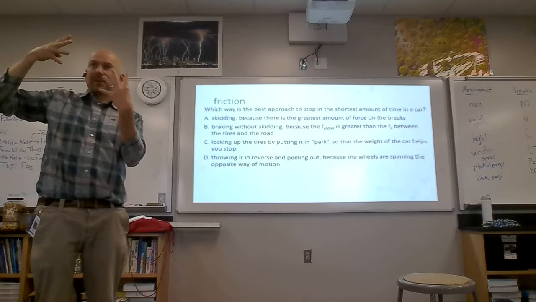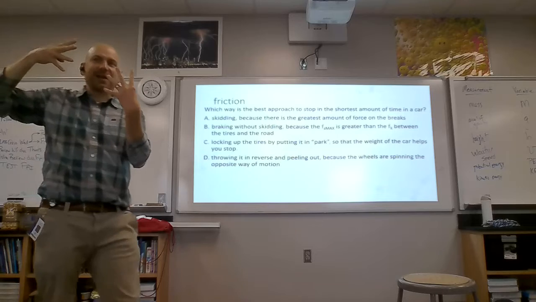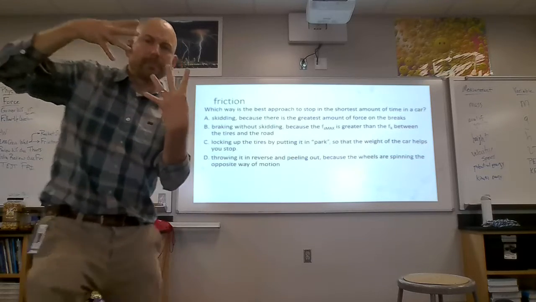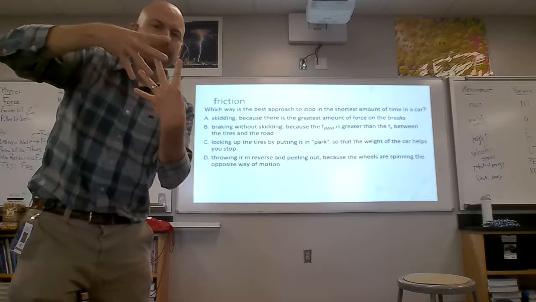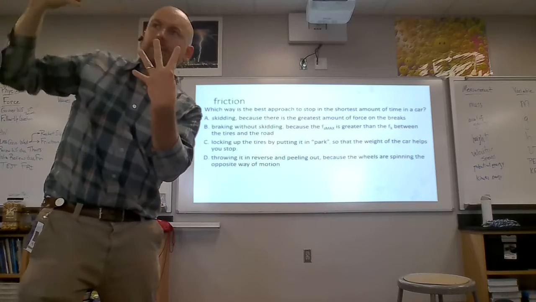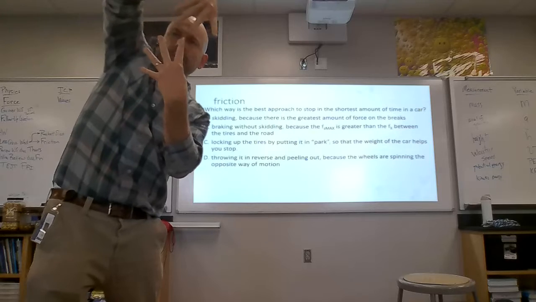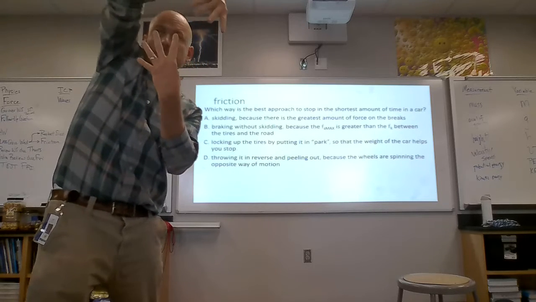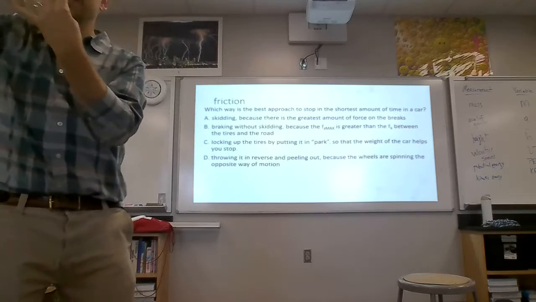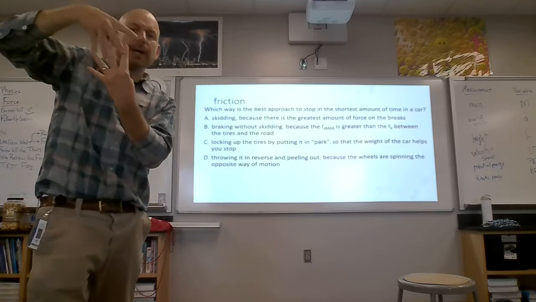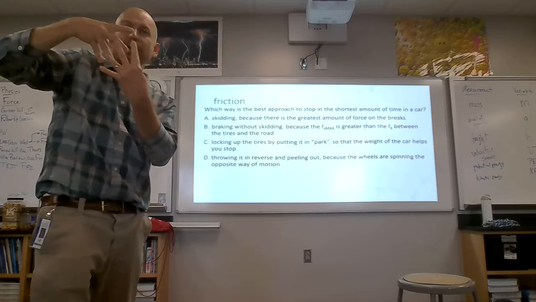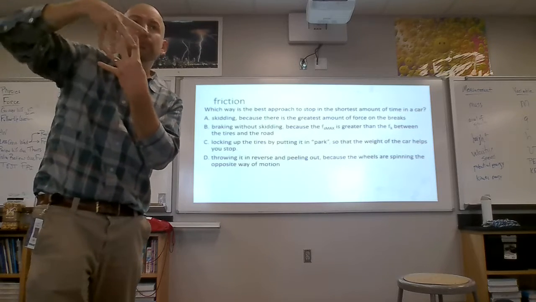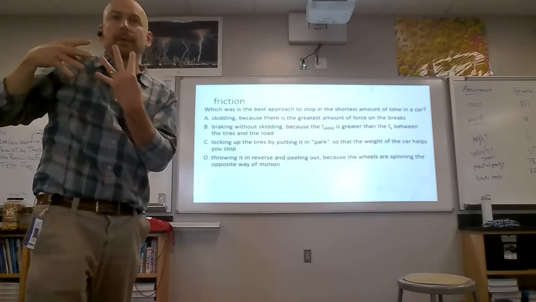Here's your wheel, and the molecules as it rolls interlock with the road and hopefully grip. We don't want slipping or sliding between the tire and the road. Kinetic friction, no. We want static friction, so we want the tire to continue to roll. Does that make sense?